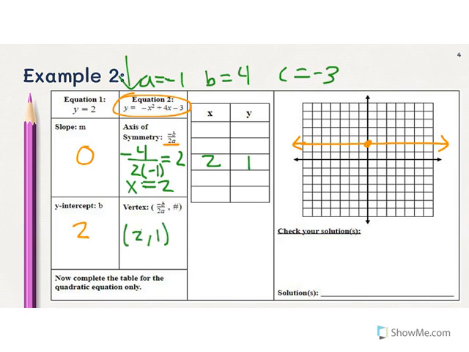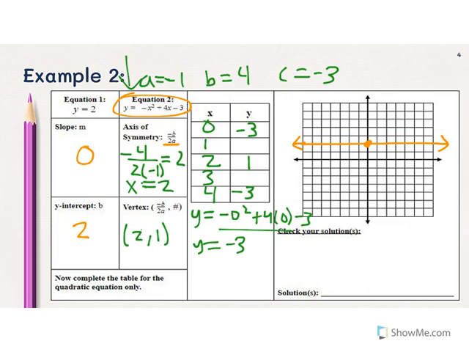So my y value is here. Now I'm going to go ahead and complete my table. Numbers less than 2 are 1 and 0, and then 3 and 4. So I'm going to plug in my x equals 0 first into my equation, and we get plus 4 times 0 minus 3. Well, all this goes to 0, so now I have y equals negative 3. And again, you guys, if we're doing our math right, then that value should also be the same.